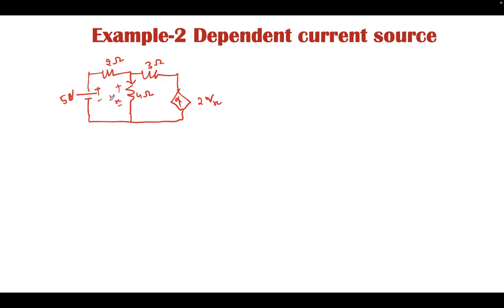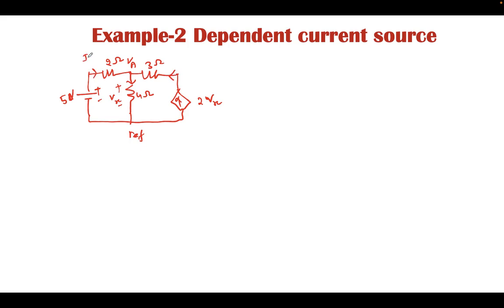Now we can solve this network by applying nodal analysis as well as mesh analysis. To solve this network, it is better to go for nodal analysis because there is one current source connected at this node. Let this node be the reference and this node be A, with voltage VA. Since the current source is connected in this branch and its direction is defined, the current in this branch is already defined.